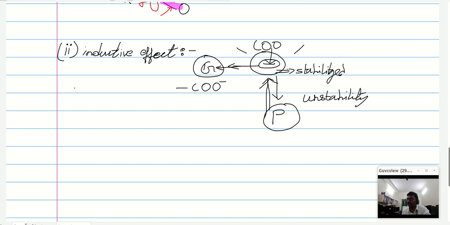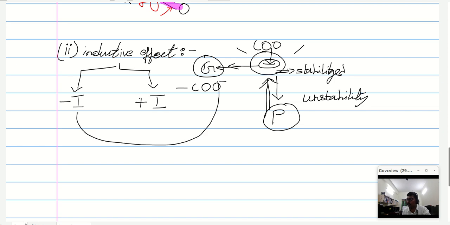So what is inductive effect? There are two types of inductive effect, right? In your lower classes you would have seen there is the minus I effect and the plus I effect. Now this minus I effect is very similar to group G, which withdraws electrons.